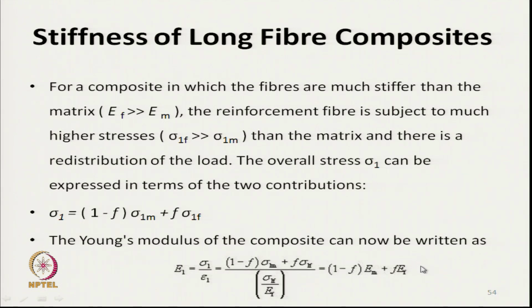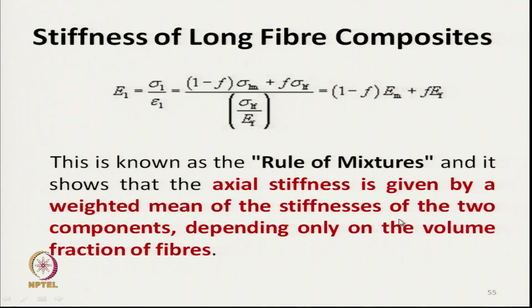This is known as the rule of mixture, and it shows that the axial stiffness is given by a weighted mean of stiffnesses of the two components depending on the volume fraction of fiber.